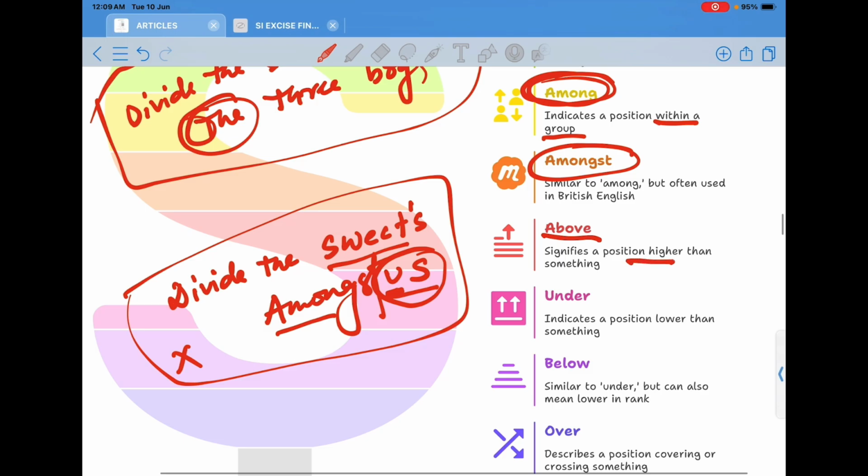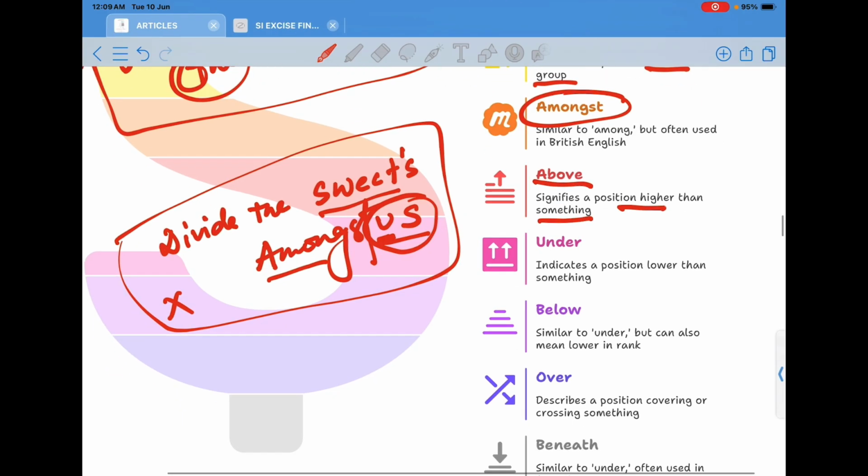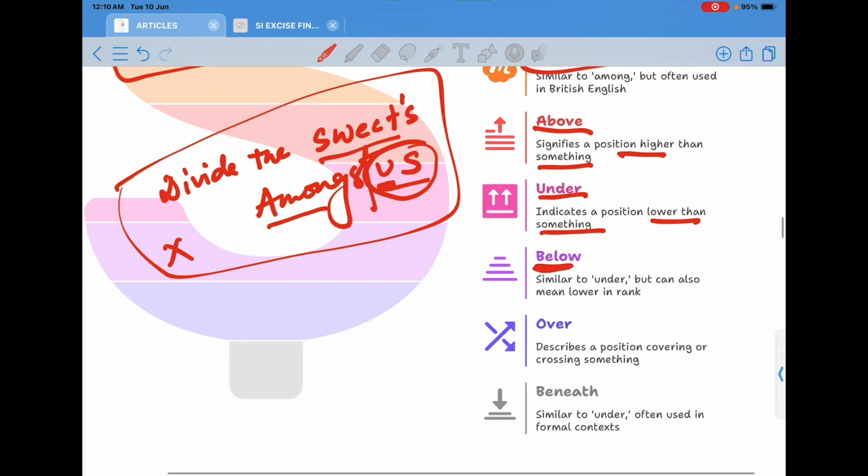Okay. Next, when to use above. Above signifies a position higher than something. For example, the sun rose above the horizon. We are flying above the clouds. Under basically indicates lower than something, so it is just the opposite of above. Next, below.